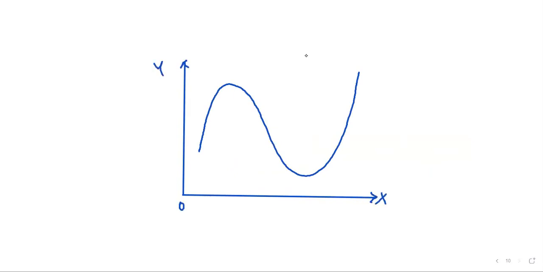Now, let's take a few more diagrams. Supposedly, my diagram is this. Now, I take 2 points. I join those 2 points. This line is never above the graph. So this part is concave.